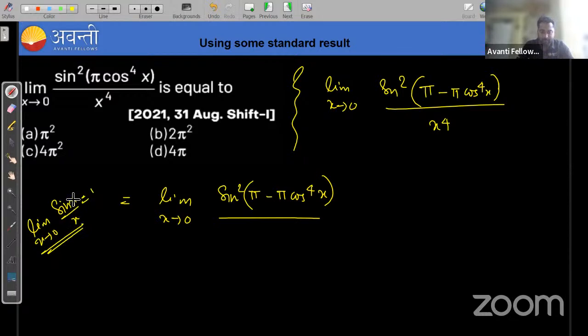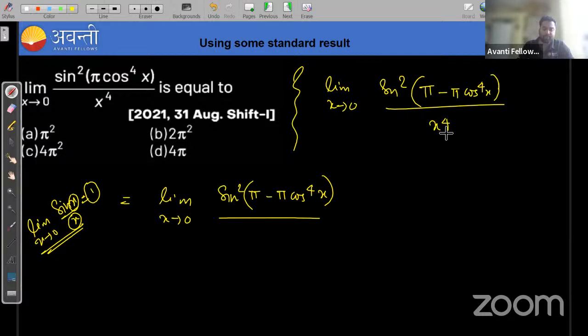When we have x in the argument of sine and x in the denominator, then the result becomes 1. So in the given question, in the argument of sine square, we have pi minus pi cos to the power 4x.